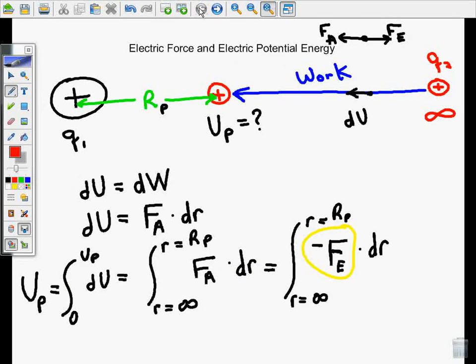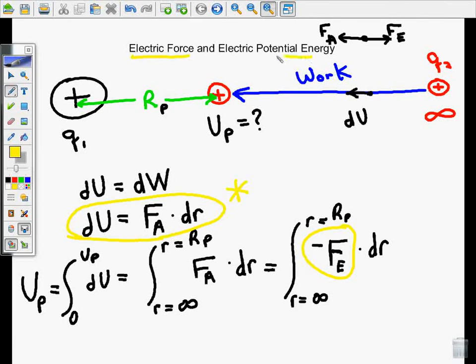And it's this right here, look. This here kind of gives us a little key to the relationship between the electric force and the electric potential energy.